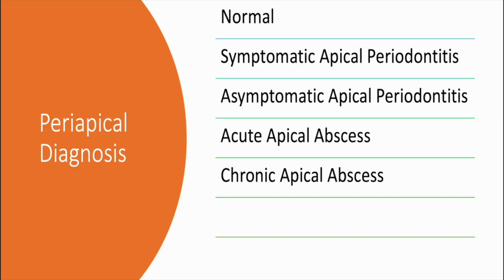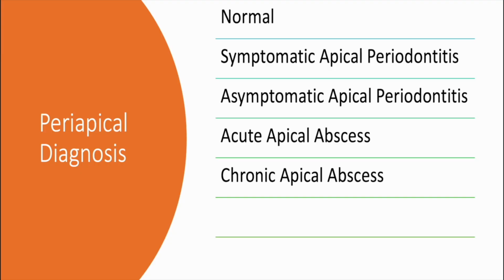Then chronic apical abscess, which is a common one, where the patient says, I have a pimple on this tooth, and I have a pimple on this side, just under the lingual side here. These are all the results of the patient not going to the dentist when he had the pain for the first time, or when there was some kind of flare-up, and now the tooth is dead and the abscess has made a path through the bone and come out, and now it has an outlet.